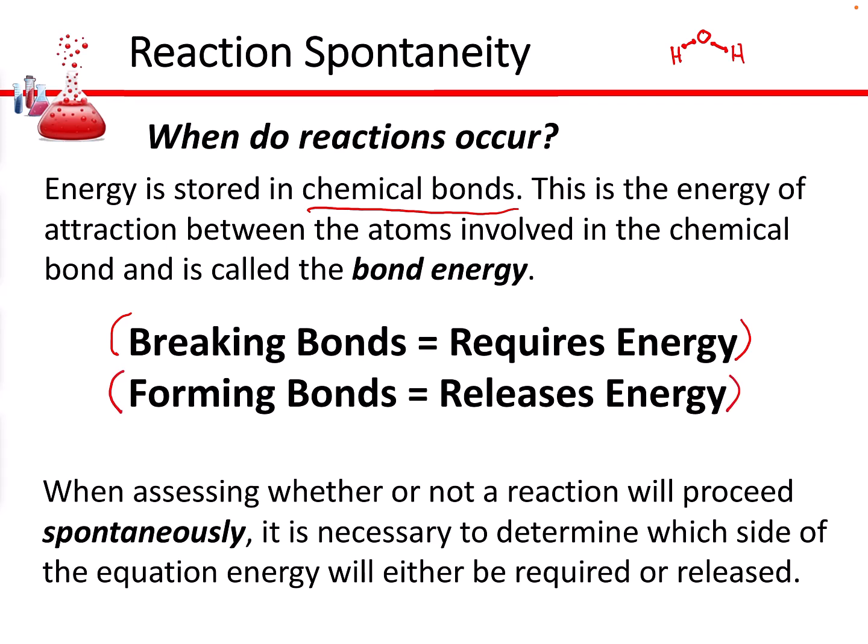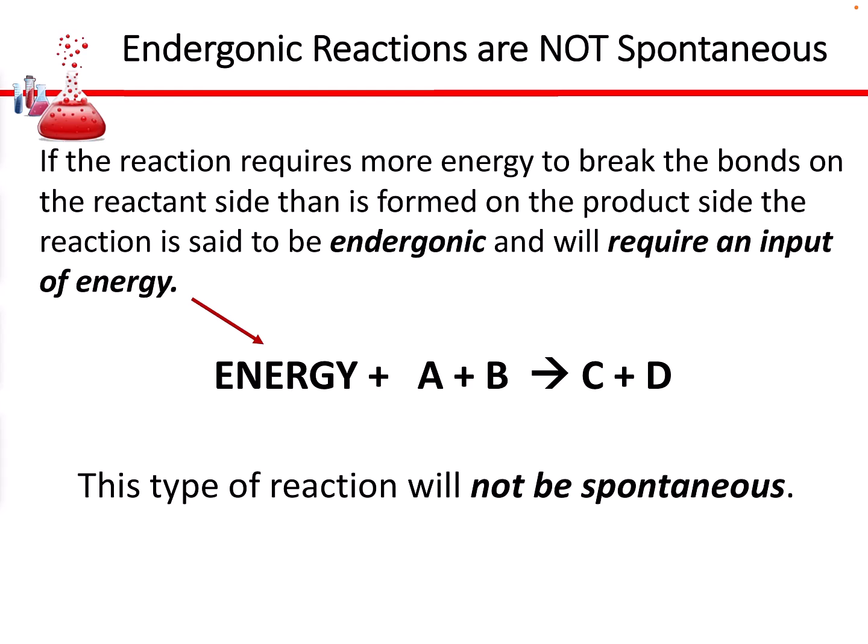But if you form more energy and you release more energy on the product side, those are the reactions that can happen spontaneously. So let's look at this in the context of the chemical reaction. If you have to put energy into the reactant side of the equation, these reactions are called endergonic and do not happen spontaneously. They require energy to go forward.